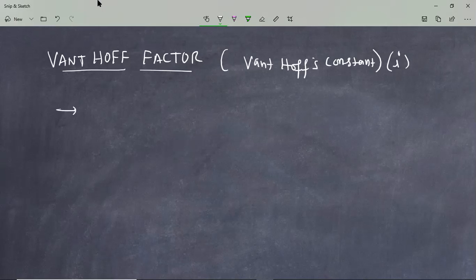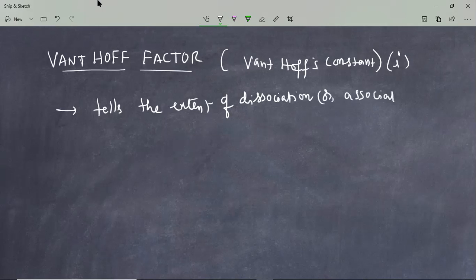What is the meaning of the Van 't Hoff factor? It tells the extent of dissociation or association which certain solutes undergo in solution.